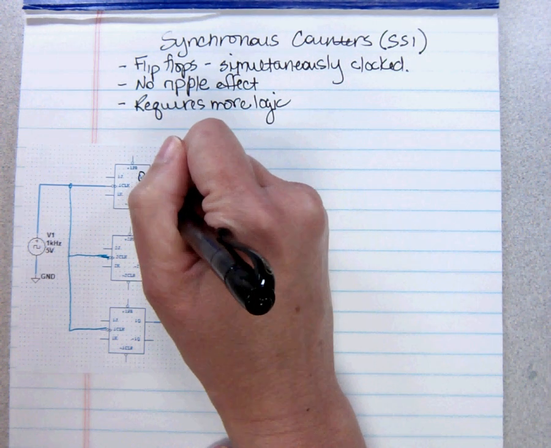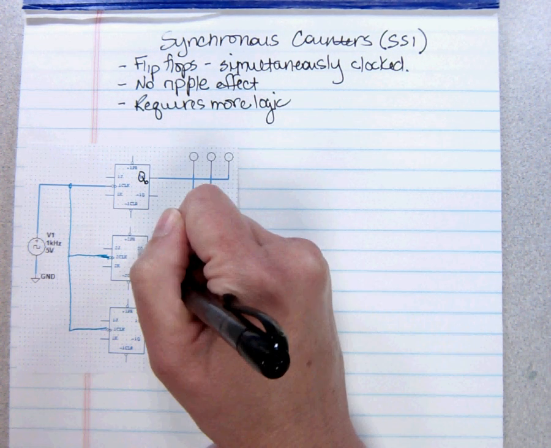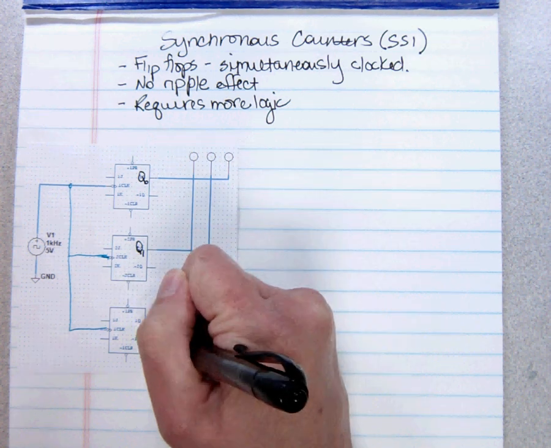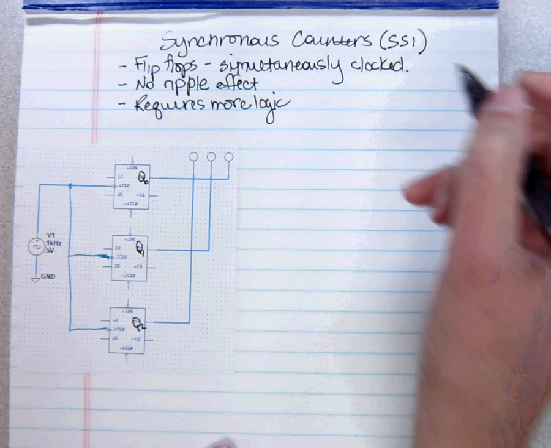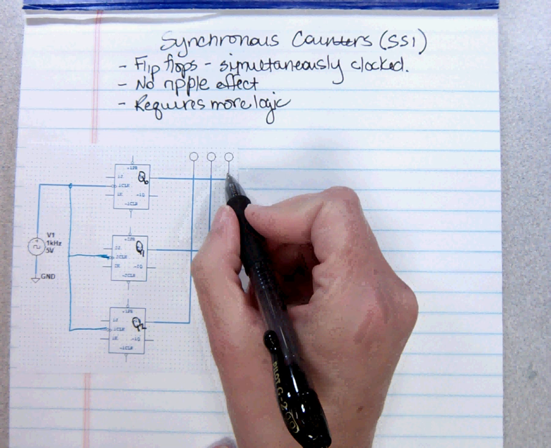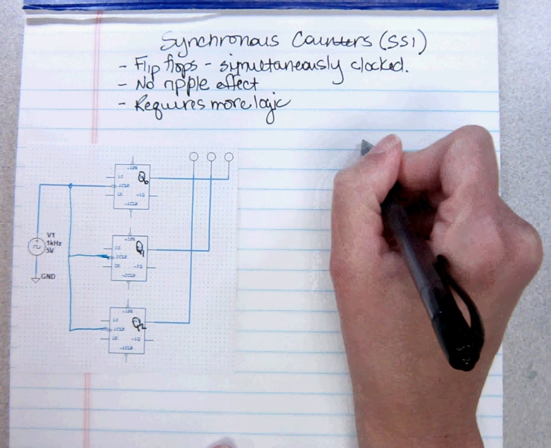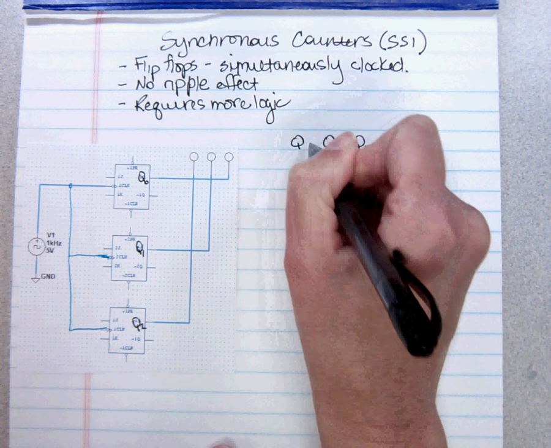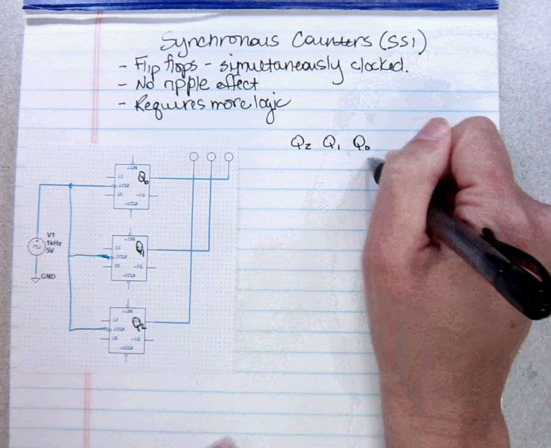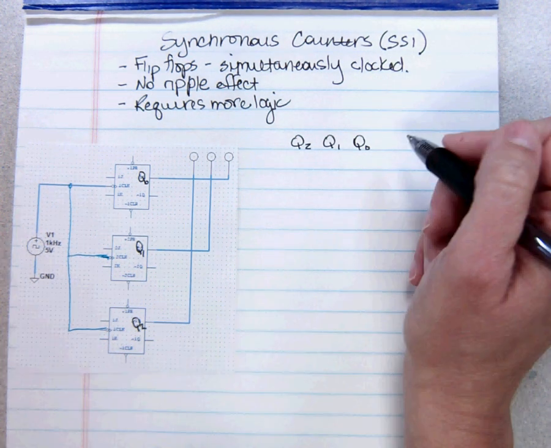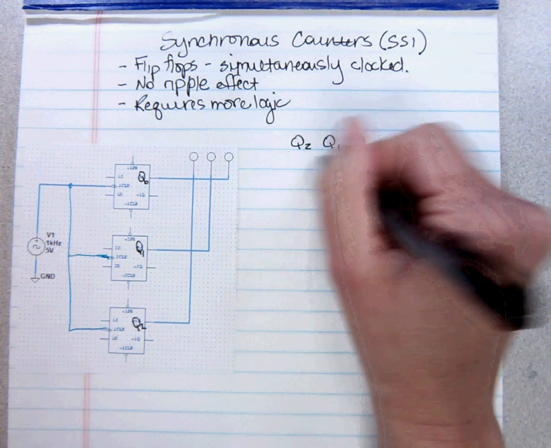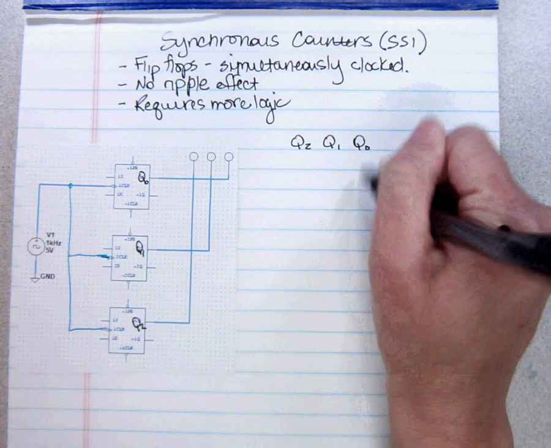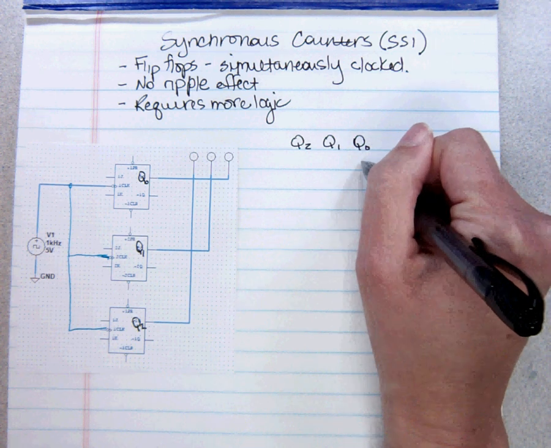We're going to call this one Q0, Q1, and Q2. So Q0 is going to be our least significant bit. Then we have Q1, and then we have Q2. Now remember, when we count, we're going to have 8 rows because we have 3 bits. The first bit, the least significant bit, is just going to alternate.